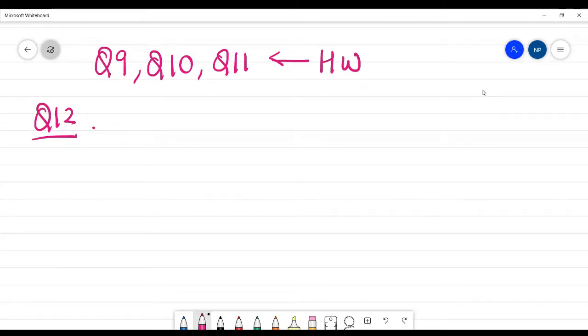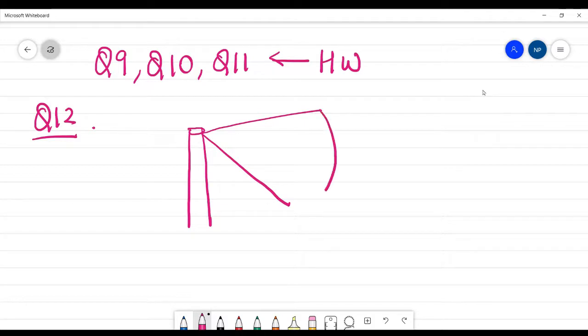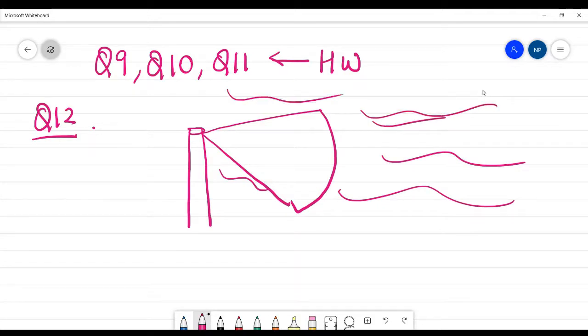So if this is a particular lighthouse, then the area that it covers forms a particular type of sector. Like for example, if this is the water, then at this particular area the light spreads. The angle over here is given as 80 degree and to a distance of 16.5 kilometer.